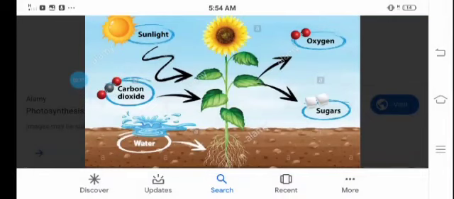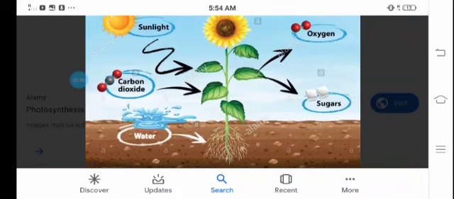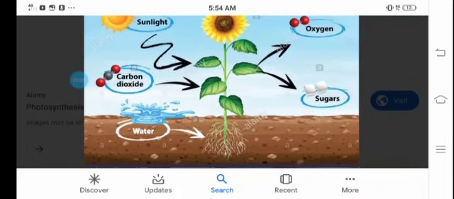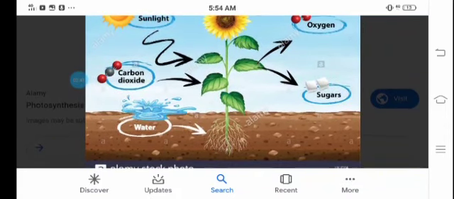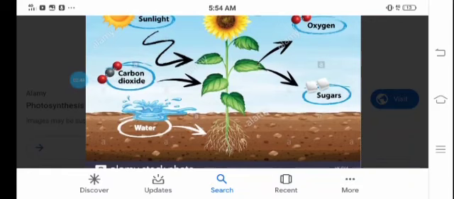Now we will see how the different components are reaching the leaf for doing photosynthesis. I already told you the process of photosynthesis is occurring in the leaf, the green colored leaf, that is, the leaf containing the green pigment chlorophyll.